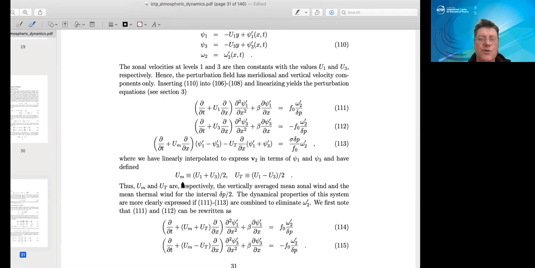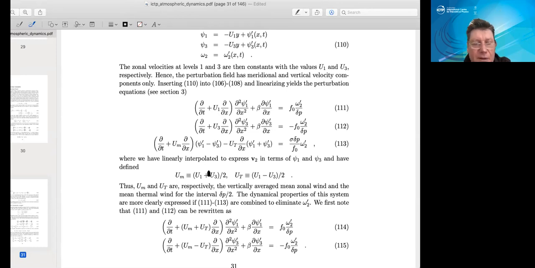It is useful for the later treatment to express, instead of using U1 and U3, the mean flow between the two layers, and the thermal wind, the change of the wind between the two layers.